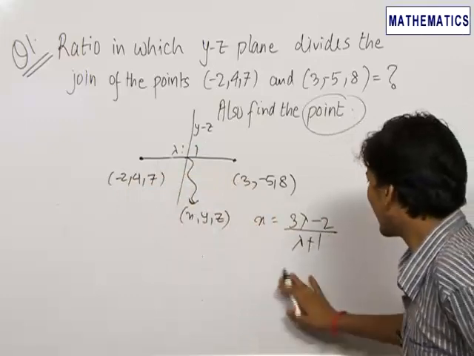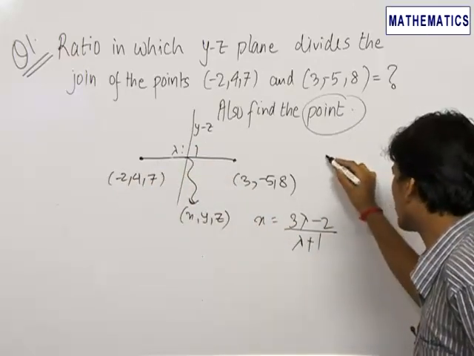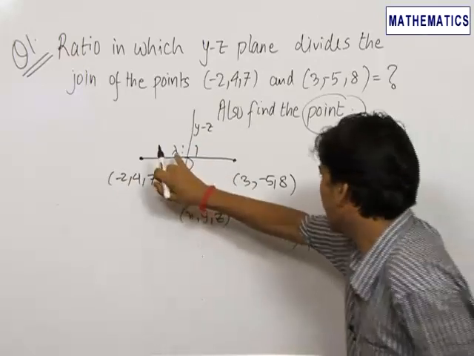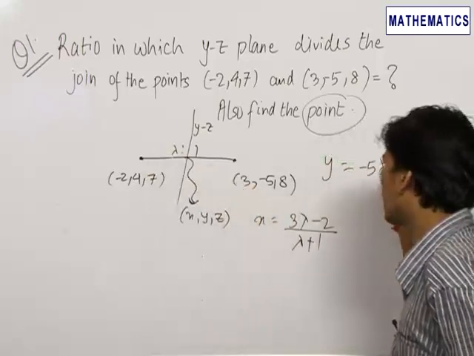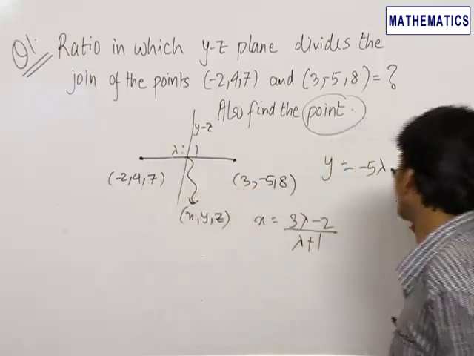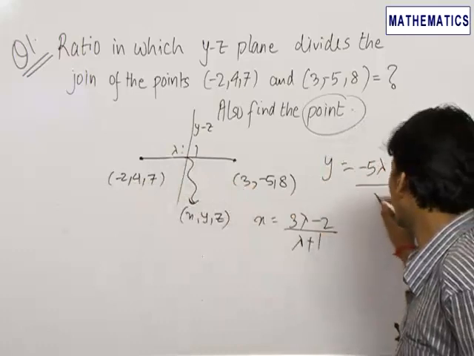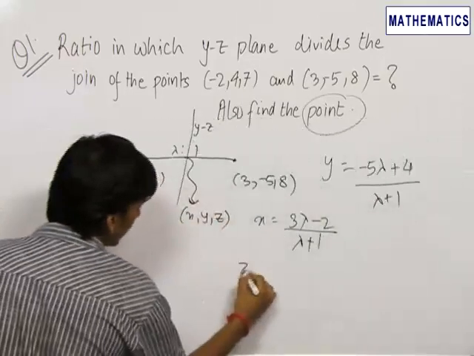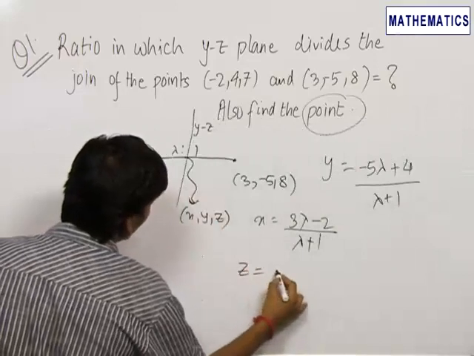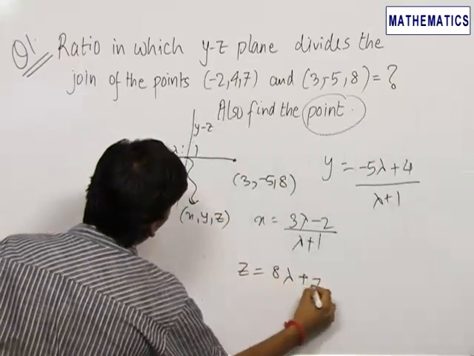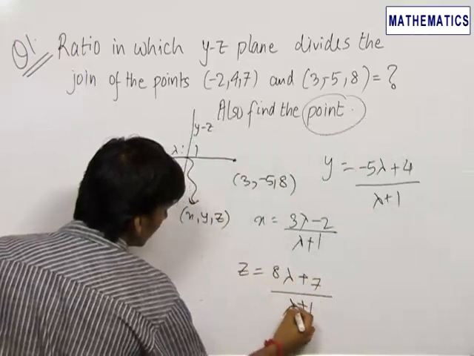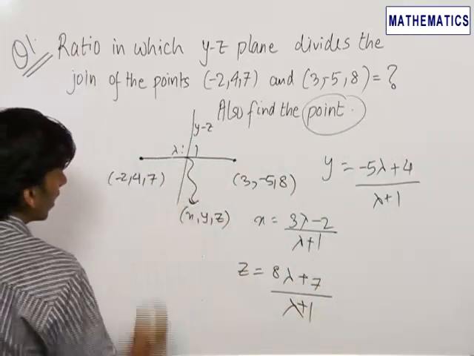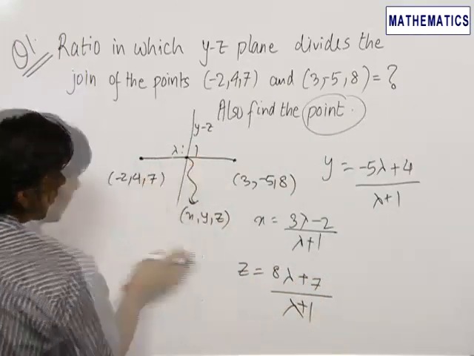Similarly, we can write down the y coordinate and the z coordinate also. The y coordinate is (λ into -5 + 1 into 4), that is (-5λ + 4) upon (λ + 1), again m1 plus m2. Now the z coordinate similarly is (8λ + 7) upon (λ + 1).